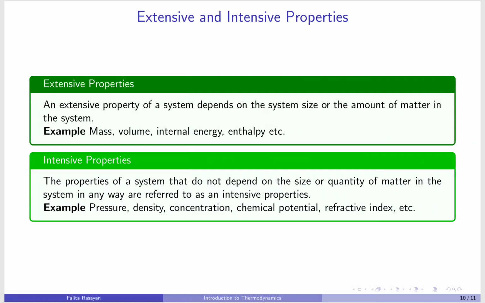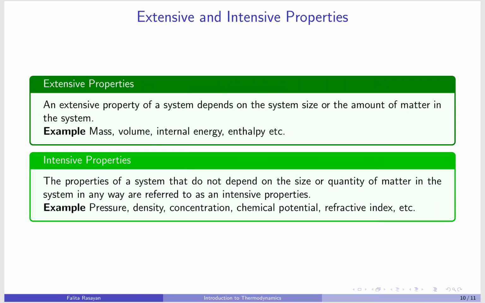Then there is the intensive property. The properties of a system that do not depend on the size or quantity of matter in the system in any way are referred to as intensive properties, like pressure, density, concentration, chemical potential, refractive index, etc. Again, let me give an example. Suppose you take a cube of iron. Its density will come around 9 grams per cc.